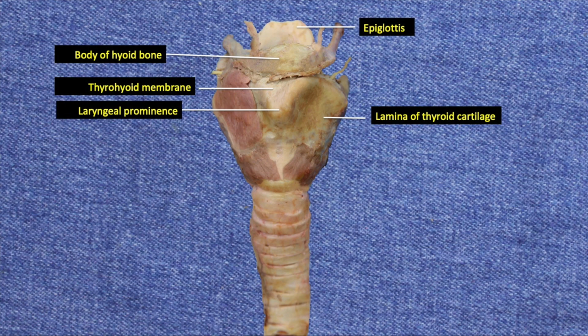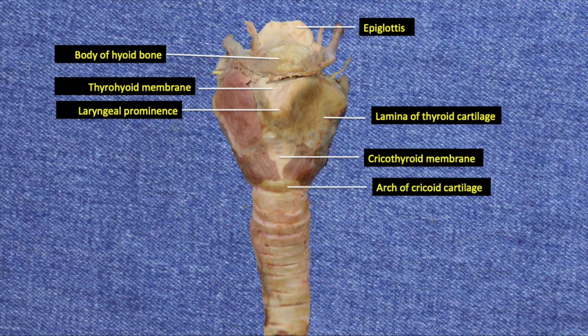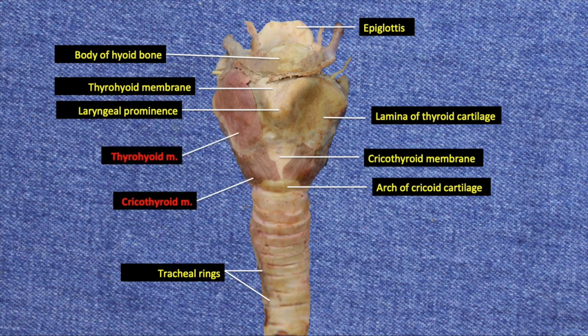The lamina of the thyroid cartilage, the cricothyroid membrane, the location where an emergency cricothyrotomy is performed, the arch of the cricoid cartilage, tracheal rings, and in this image too, we see a muscle of the larynx, the cricothyroid, and a strap muscle that was kept, the thyrohyoid. And note that I switched to red lettering to indicate the muscle.